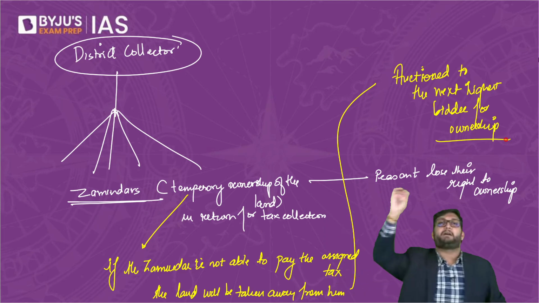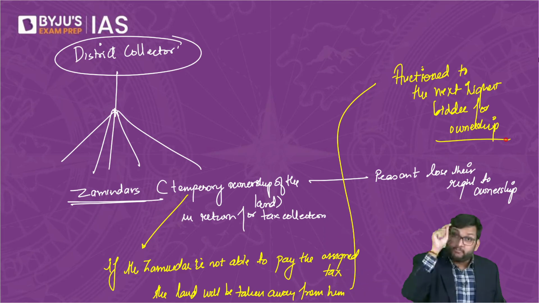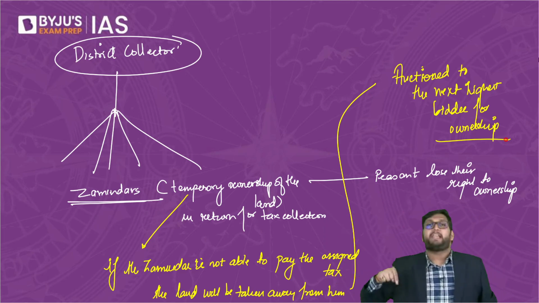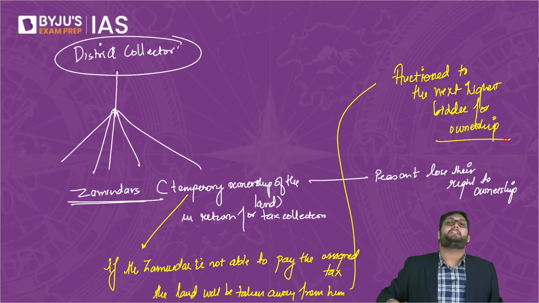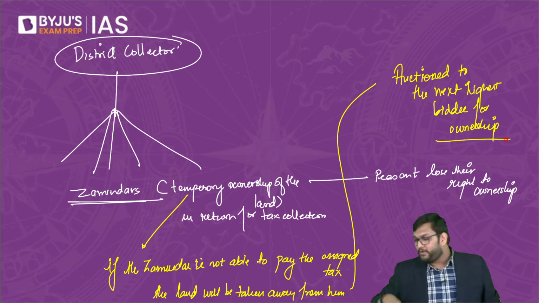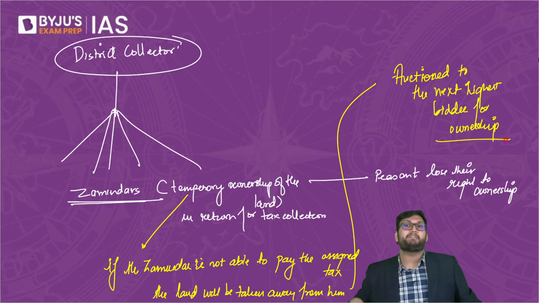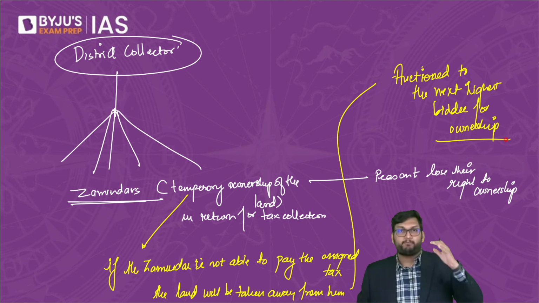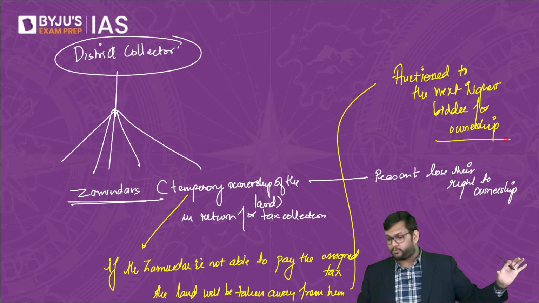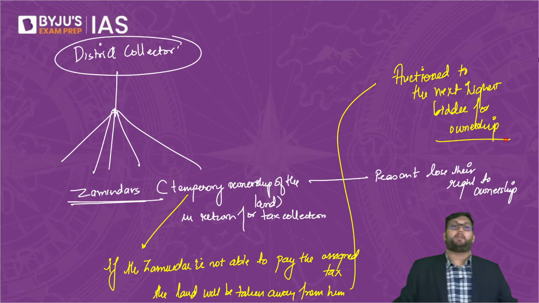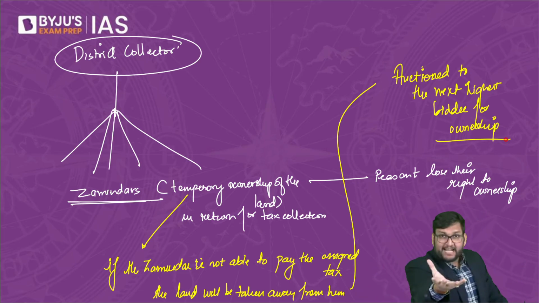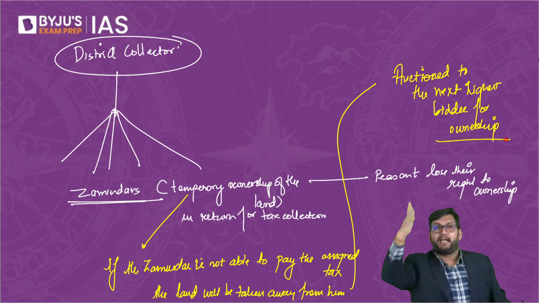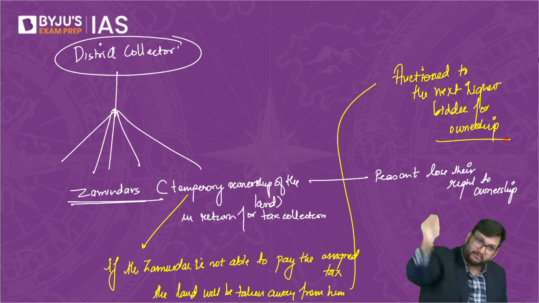All peasants become tenants. And the worst part of the story is, if there is pressure on the zamindar to give tax, who will the zamindar exploit? Zamindar, peasant, all are Indian. Only the district collector is European. He will exploit the peasant. So the peasant ultimately loses his land, has no ownership right, and is also the one who's getting exploited.